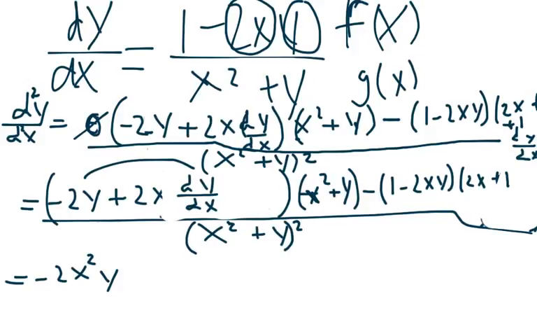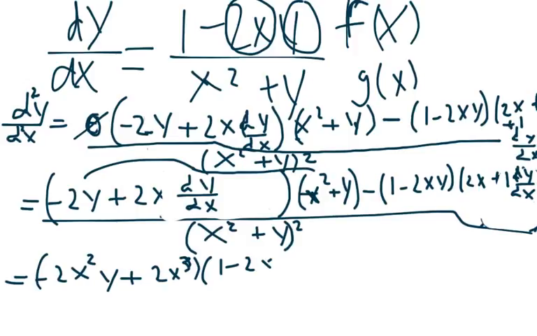So where are we going? This is 1 dy over dx. So you get negative 2x squared plus y times y plus 2x cubed, 1 minus parenthesis 1 minus 2xy over x squared plus y.